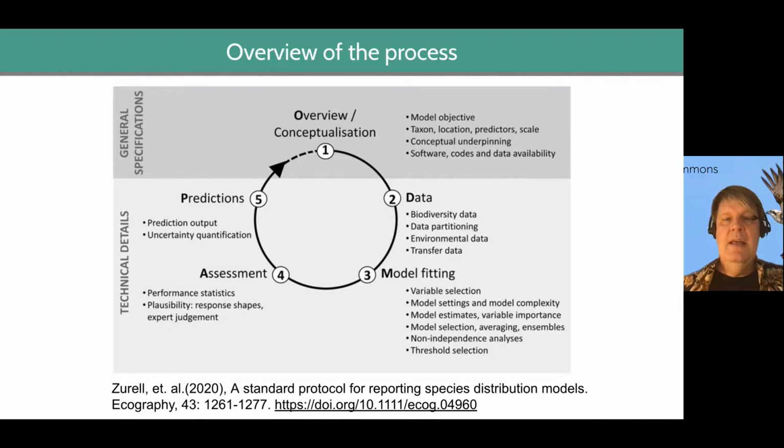I would really encourage you to check out this paper. It goes into a lot of detail of all the kinds of things that you want to think about during the modeling process. And I'm just going to be highlighting a few of these things during these videos on species distribution modeling in R.